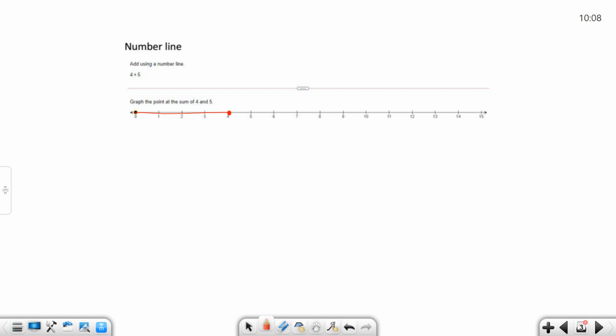And then we're going to pull it on over 5 more places. Now mine's just on the screen. It's not interactive. But what we're going to do is we're going to count over to 4. 1, 2, 3, 4. And then I'm going to count 5 more places. 1, 2, 3, 4, 5. And I would be at 9. And that's how you would show students how to add on the number line.